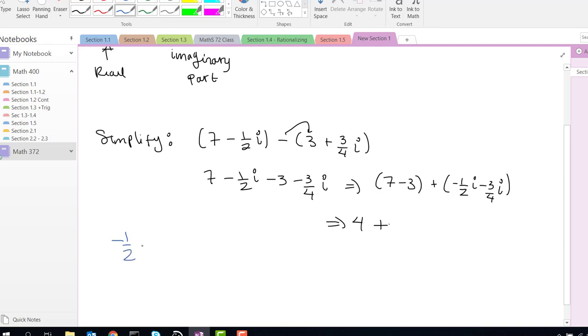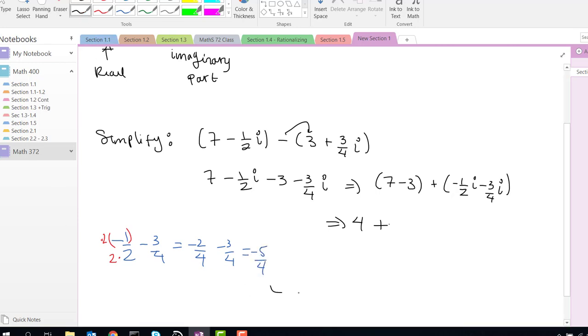Negative 1/2 minus 3/4. So we need a common denominator. So the common denominator is 4, which means that one already has the 4, but this one needs to be multiplied by 2. And so I'm going to have negative 2/4 minus 3/4, which is negative 5/4. So this will be the imaginary part.